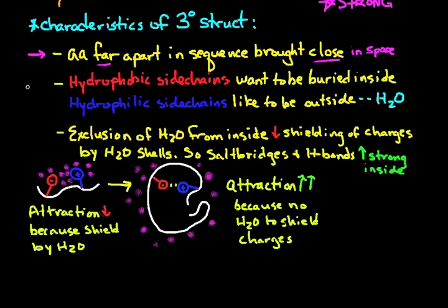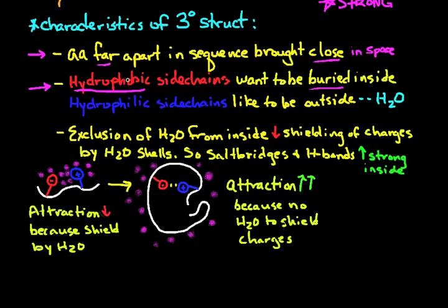Okay. The next thing is that when proteins fold, they want to put their hydrophobic side chains inside. So the hydrophobic residues want to be buried inside the protein, and they do this to escape from water. You'll remember this, of course, because this is the entropic force that drives the release of that water, the entropic force that drives protein folding in the first place.